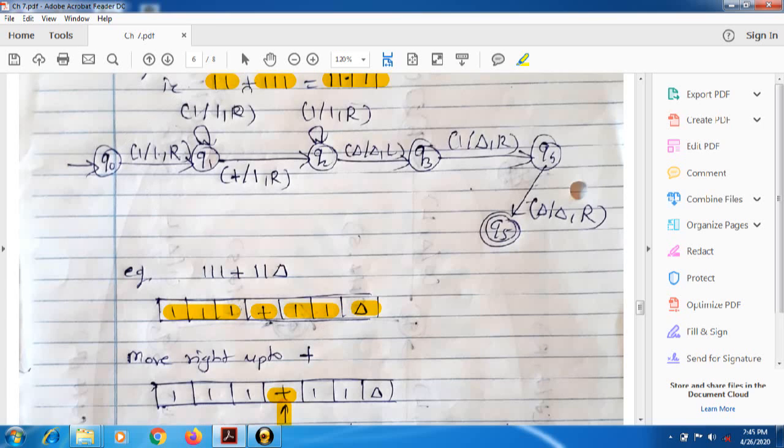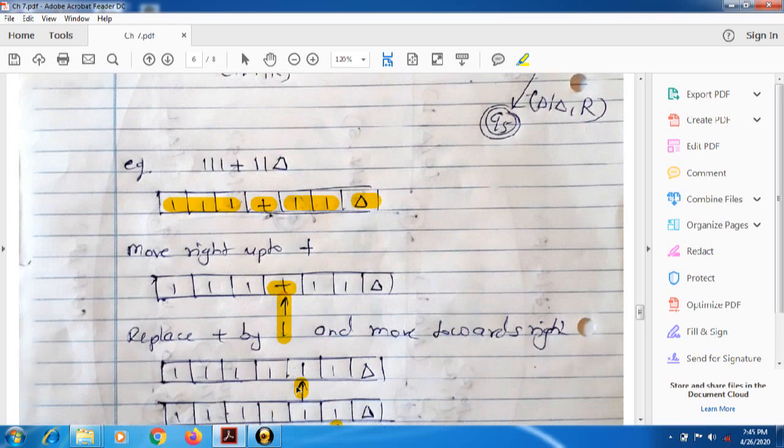That's why this part is there. Next, whenever we find the plus symbol on the tape, we replace it by 1 and again move towards the right, like this.